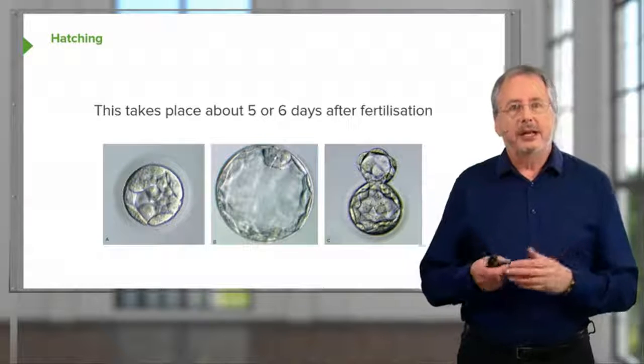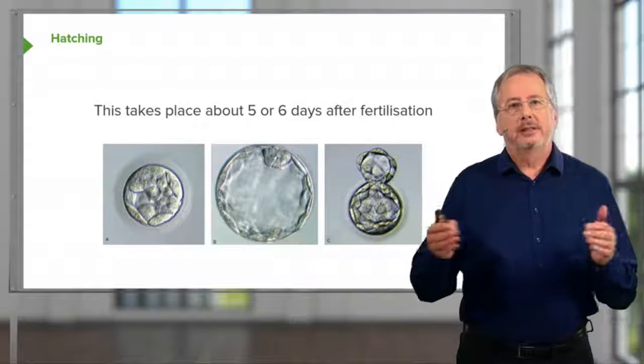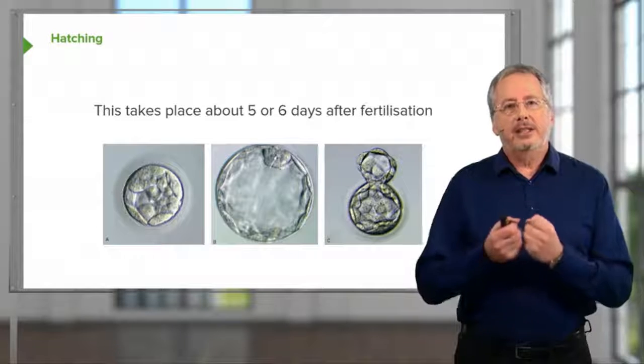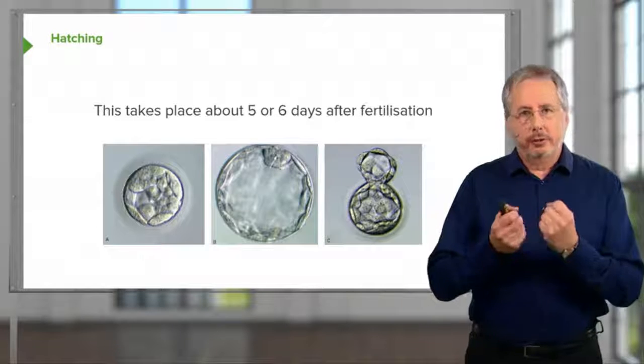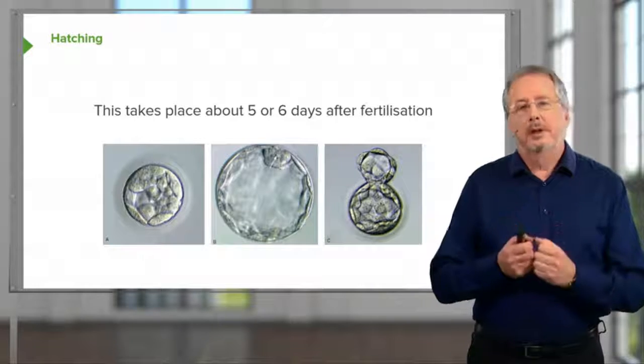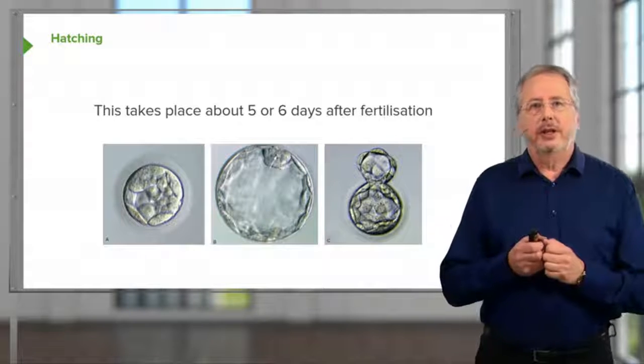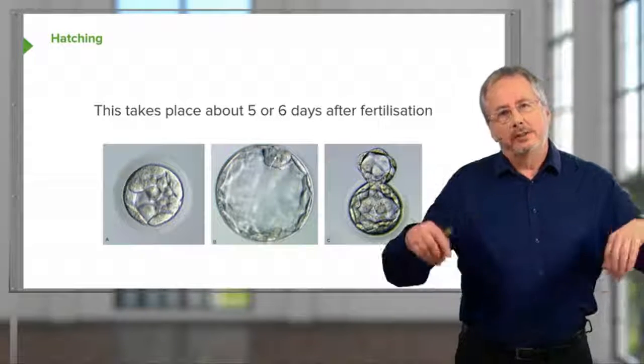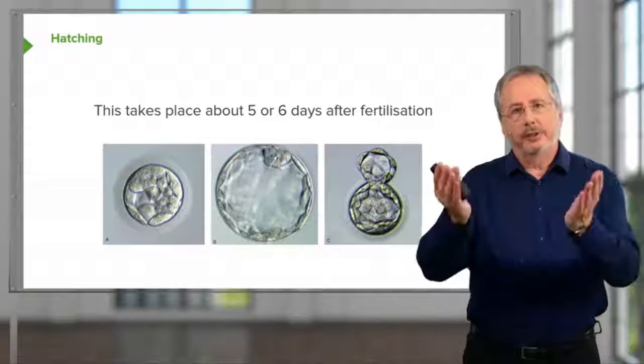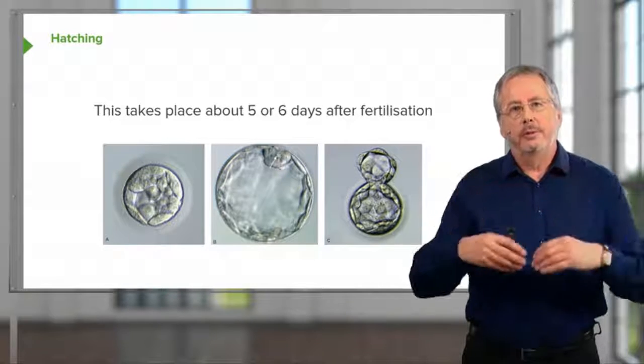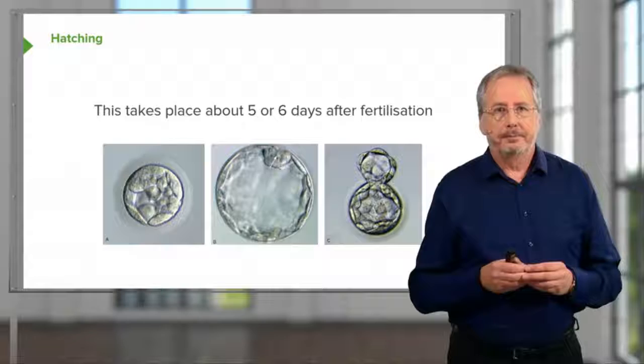What happens is it actually pumps some fluid into its inside, and as it expands, eventually the zona pellucida will rupture. And in the picture in the extreme right, you can see that the developing structure, the embryo itself, is beginning to hatch out to emerge through the zona pellucida.